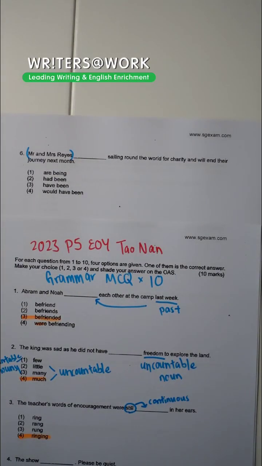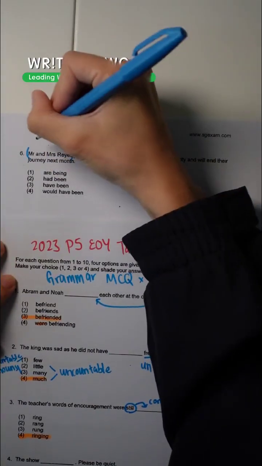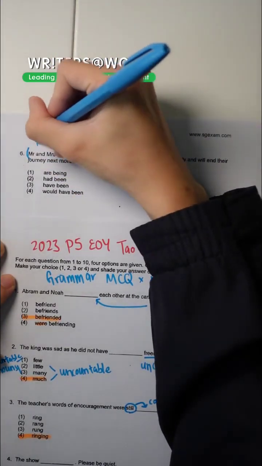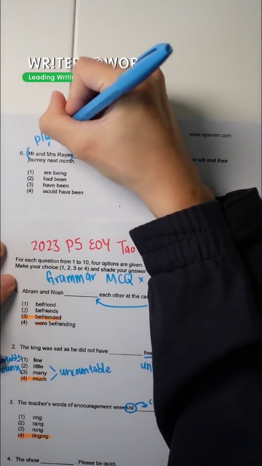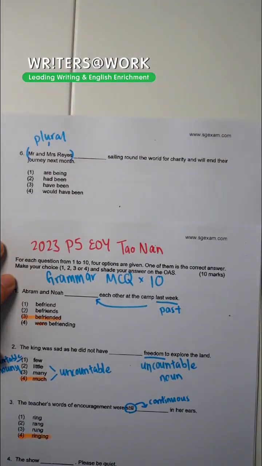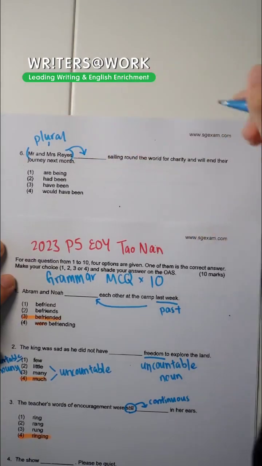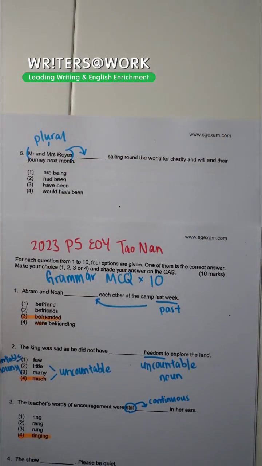Mr. and Mrs. Reyes over here, you have a subject, right? Subject, is it a singular or plural subject? Mr. and Mrs., there are two people. Two people, multiple, it is a plural subject. Okay, so that informs the verb that we'll be having here later on. Okay, but let's keep that in the pocket for now. We move on to the rest of the sentence.